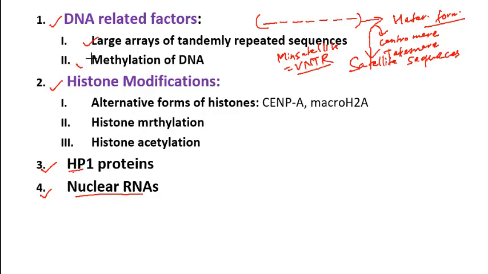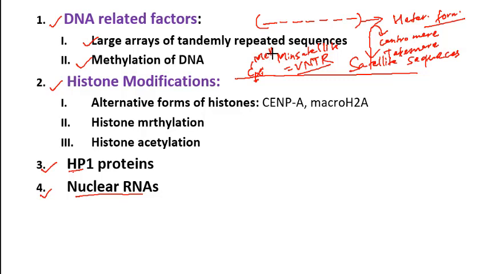Now, the second DNA-related factor is methylation. Methylation in DNA happens only at one place, where there is a cytosine and guanine, joined by a phosphodiester bond. When you find this type of sequence, cytosine guanine, methylation will always happen on the cytosine.